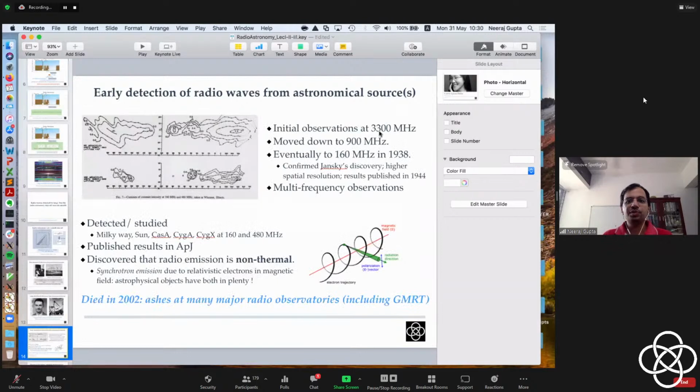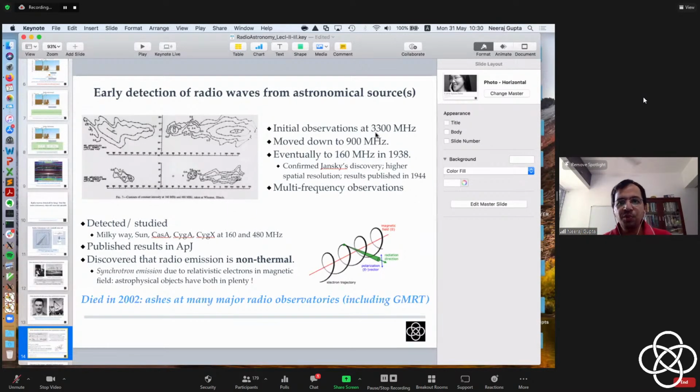His initial observations were at 3300 megahertz, which is 3.3 gigahertz, but he detected nothing. But he did not give up. When you don't detect something, you first try to see if something is wrong with the instrument, or you try to go closer to what someone else may have done to see if you can reproduce it.